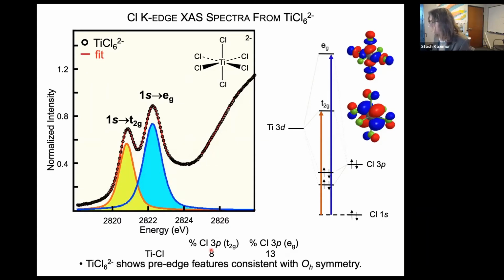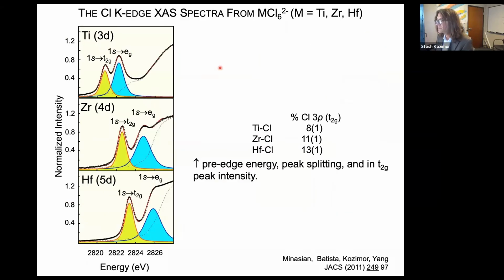What we did next is we switched out this metal, and we started walking from titanium, a first row transition metal, down towards the actinide series. Here's this system: titanium 3d, zirconium 4d, hafnium 5d. They all have 2 pre-edge features, but what you notice is that these 2 pre-edge features march to higher and higher energy as you go down the periodic table.